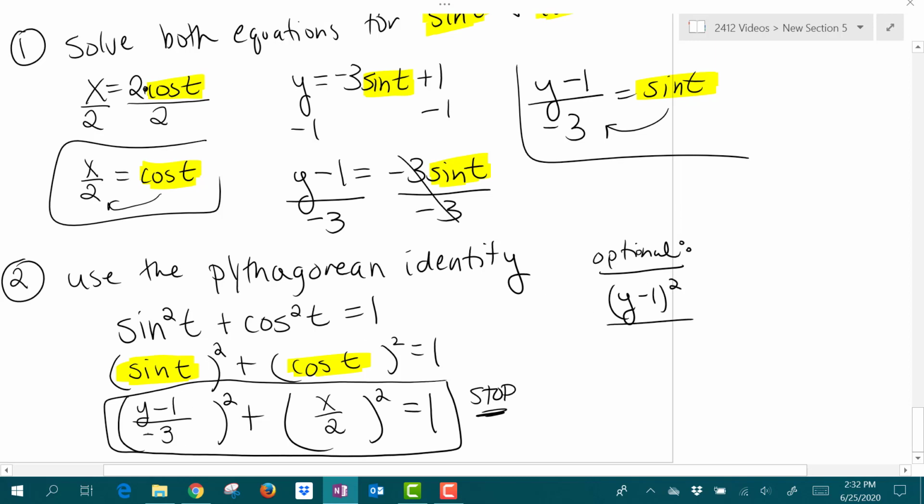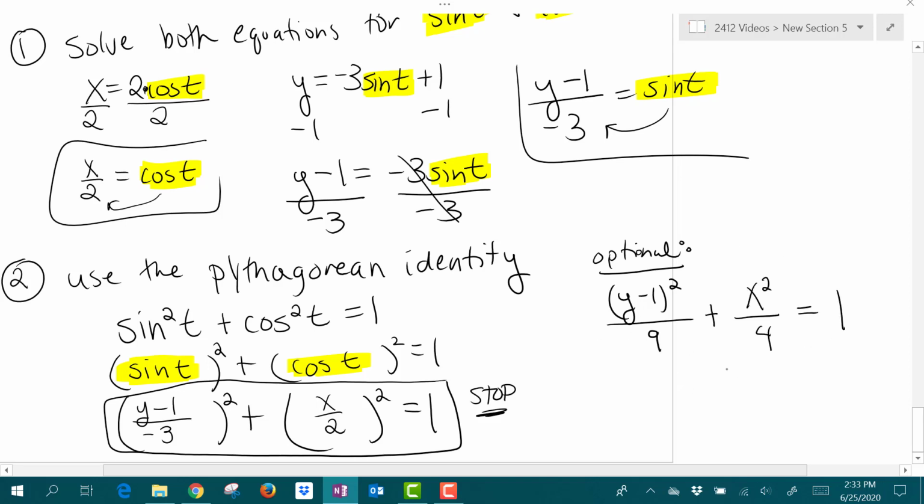Square the bottom. A negative number squared, remember, is a positive number. Sometimes people get negative 9 there. Be careful. A negative number squared is a positive number. So this fraction is overall a positive result. The second fraction, I'm going to square the top, so that's x squared. Square the bottom, that's 4, equals 1.